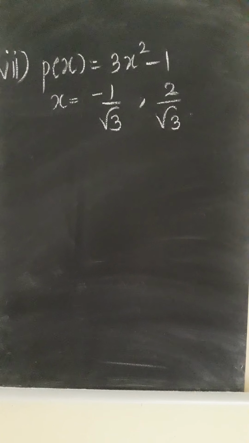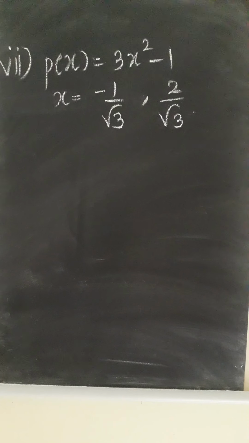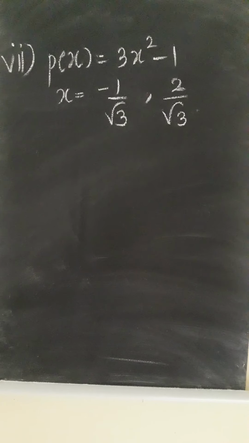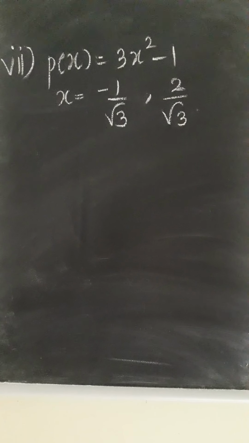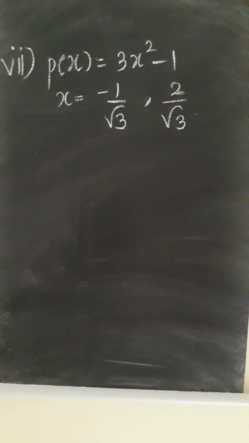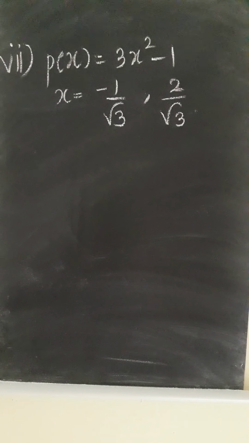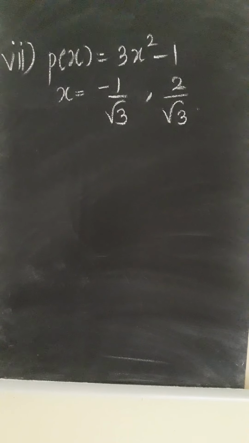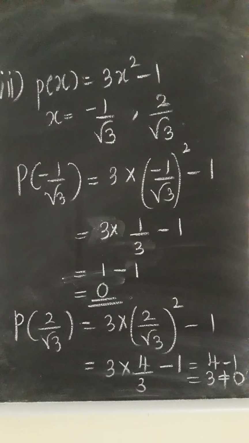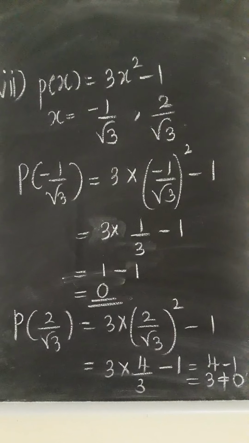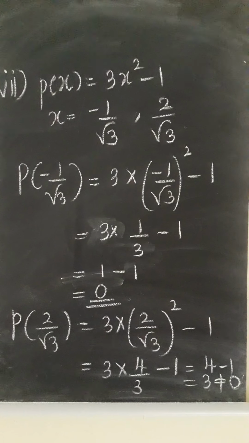Seventh question, p of x is equal to 3x square minus 1, and you have to check whether x is equal to minus 1 by root 3 and 2 by root 3 are the zeros of this polynomial or not. So first you calculate p of minus 1 by root 3 and p of 2 by root 3. P of minus 1 by root 3 is equal to 3 into minus 1 by root 3 the whole square minus 1.